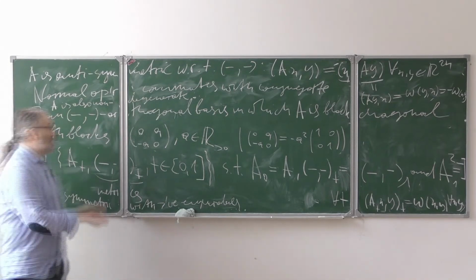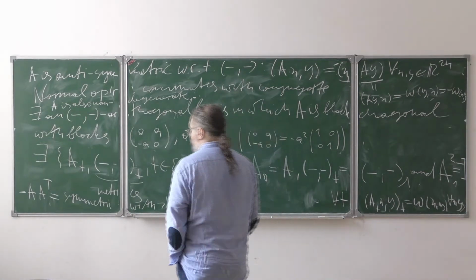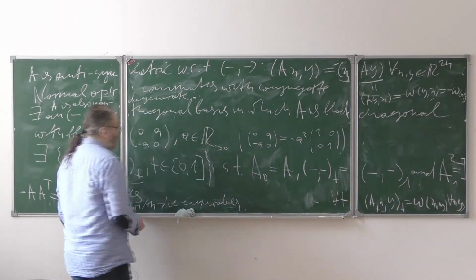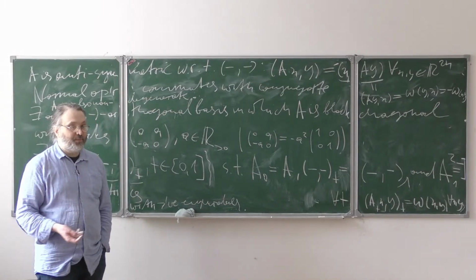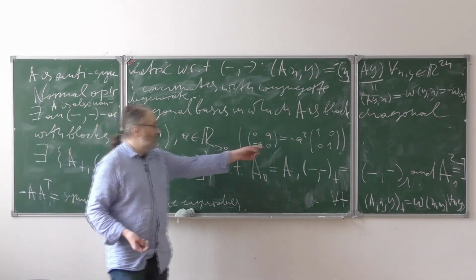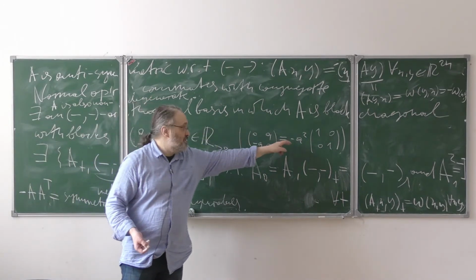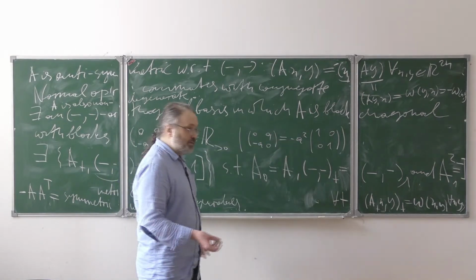Well, it's clear from this formula what this matrix is. It's just my plus a squared times the identity.